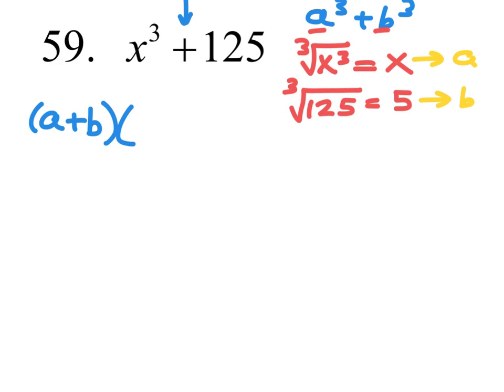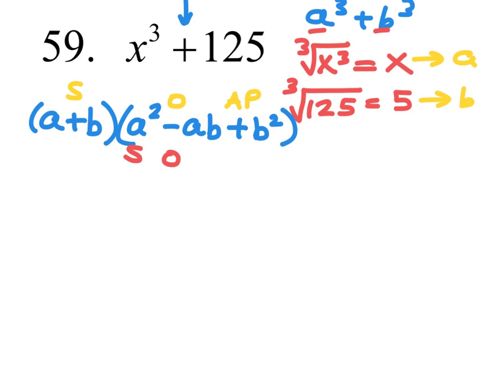The second part is a squared minus ab plus b squared. So remember the SOAP formula. The SOAP formula tells me the signs: same, opposite, always positive. I could also do a different little acronym, SOPs. And that just means the square, the opposite product, and the square again.